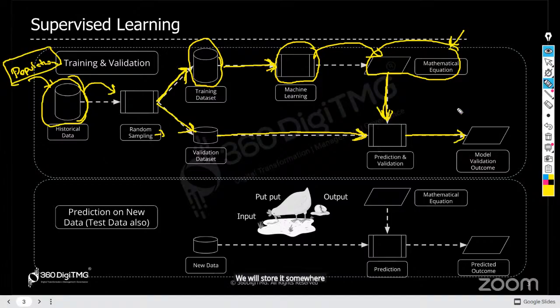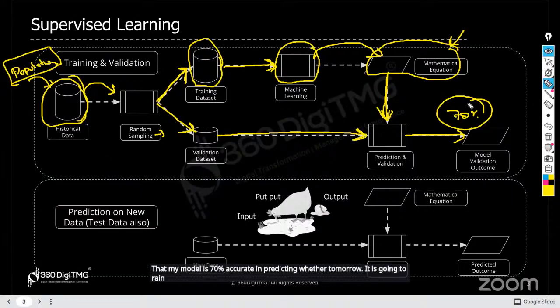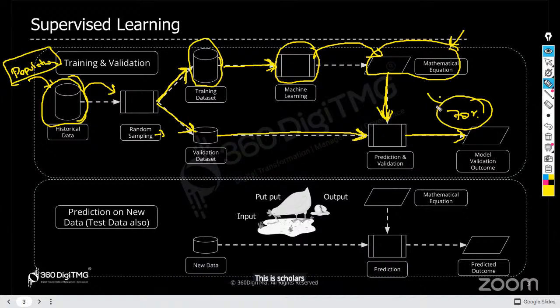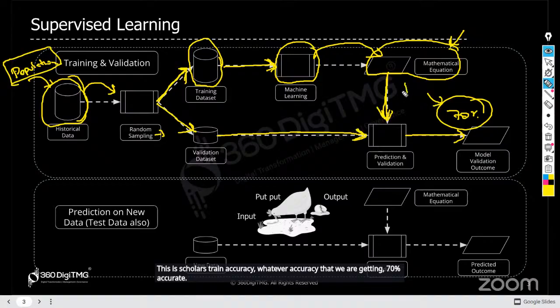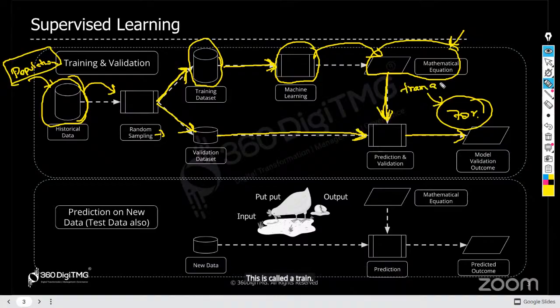Let's suppose I got an accuracy of 70%, that my model is 70% accurate in predicting whether tomorrow it is going to rain or not. This is called train accuracy.